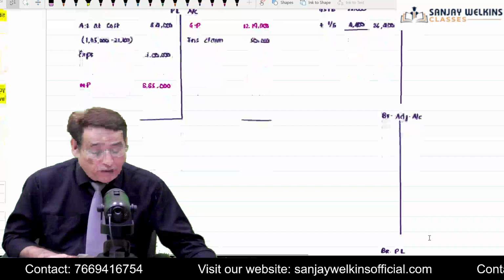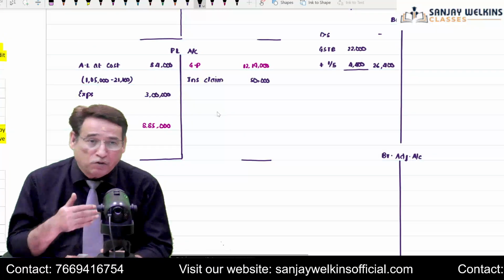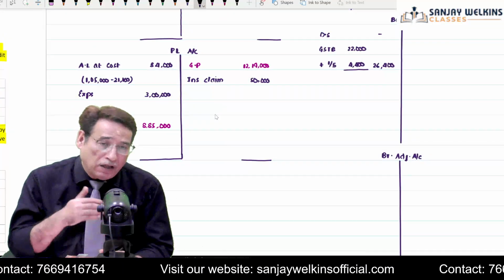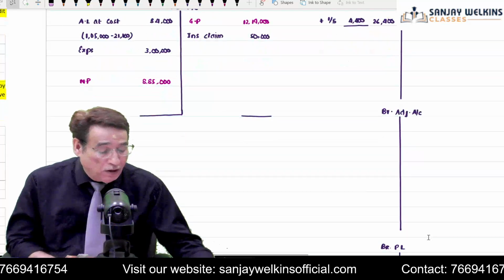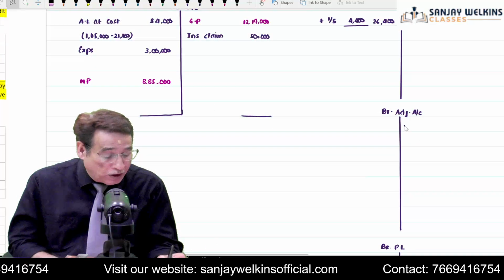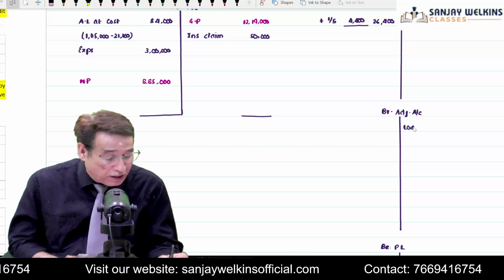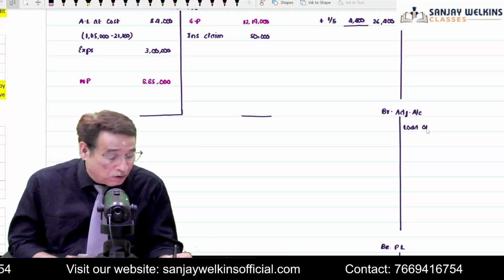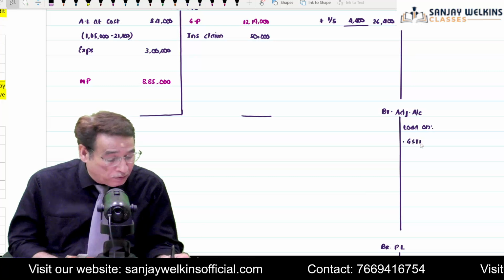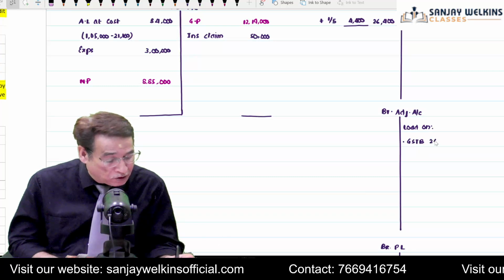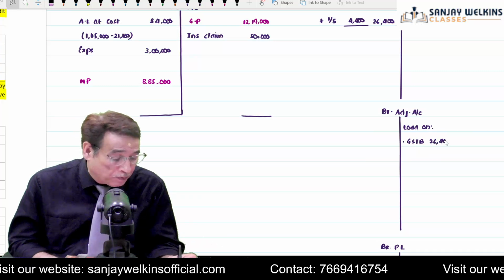So we may say that head office must have sent goods having an invoice price of 26,400 to the branch. Is it clear to you? However, we will have to pull out the loading. So on the opposite side, I will write load on goods sent to branch account. So goods sent to branch account at invoice price is 26,400.